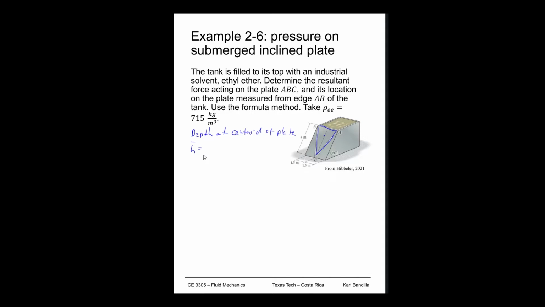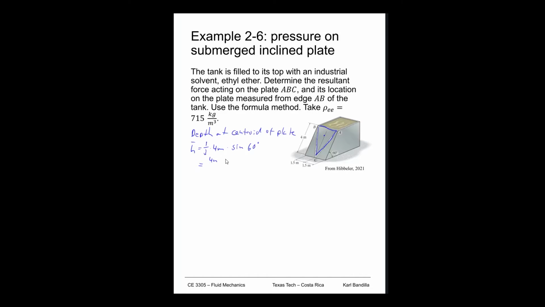And that's going to be what? We said it's a triangle, so we know it's 1/3 down the plate. 1/3 times 4 meters, that's how long this entire plate is. But that would be how far it is along the plate. We have to multiply it by sine of 60 because that's how far it's down.